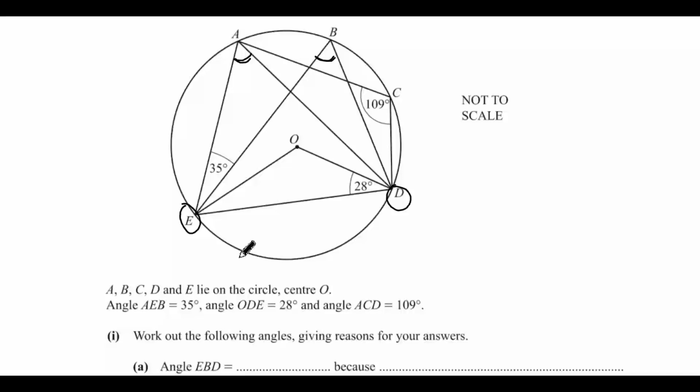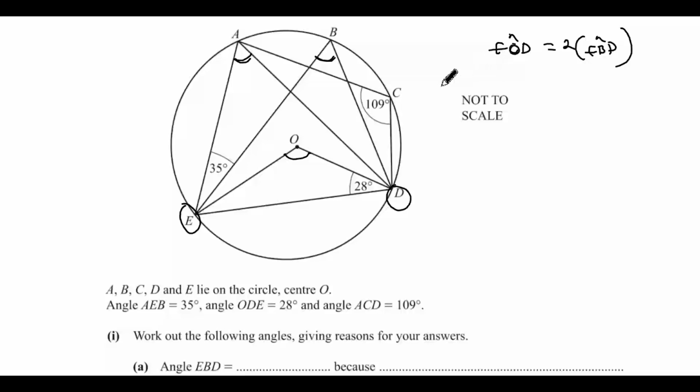Since EBD is an angle at the circumference, it should be half of EOD. So angle EOD should be equal to twice EBD, twice this angle.